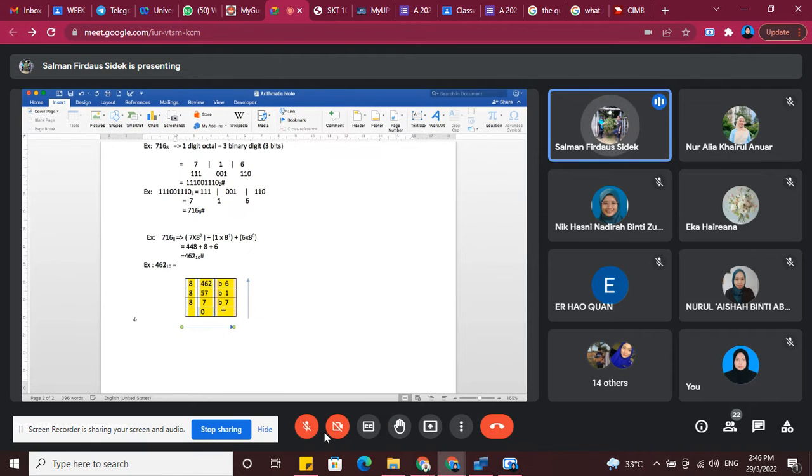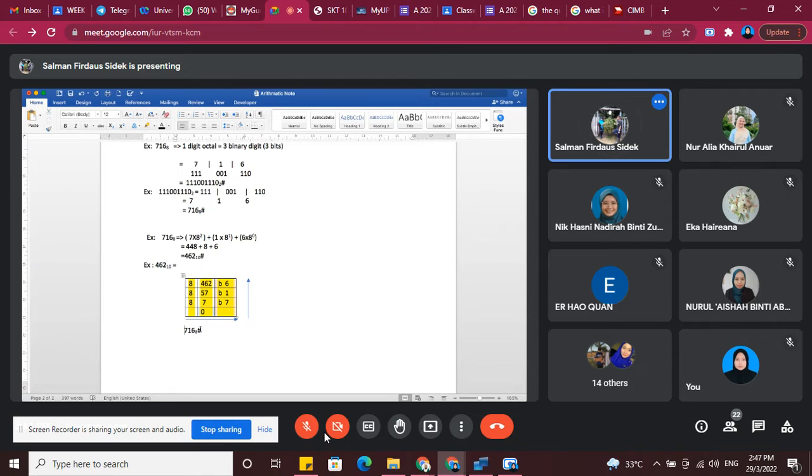So we got 0716, base 10 to base 8. The leading 0 we can ignore, so we can delete it.